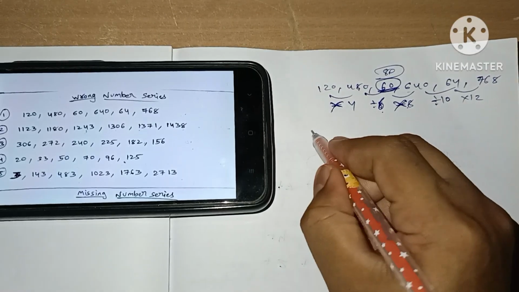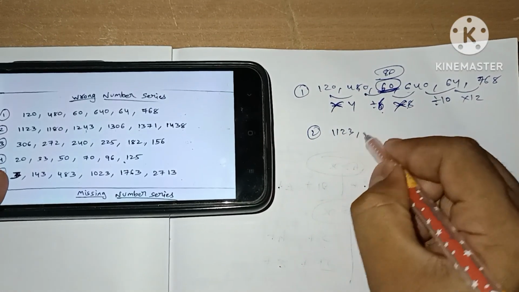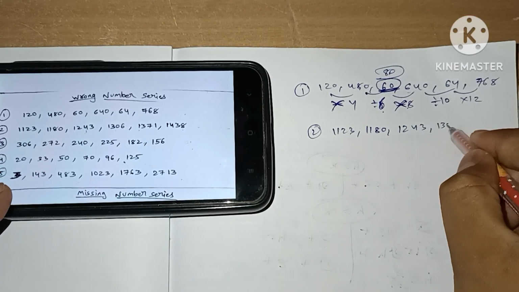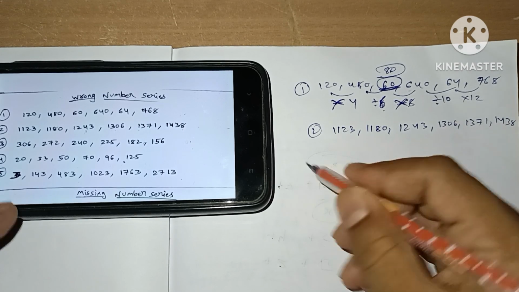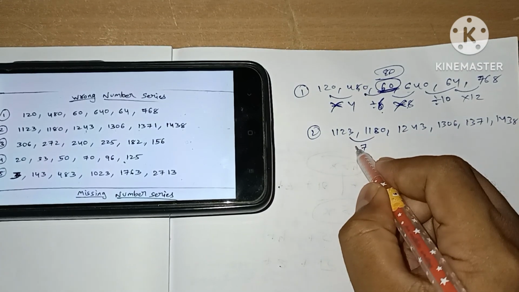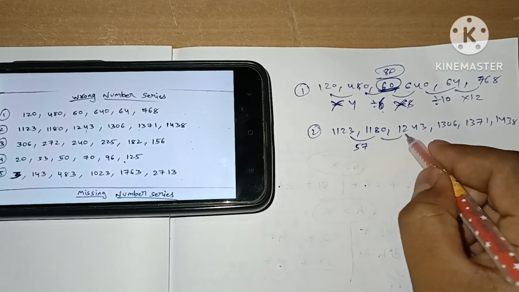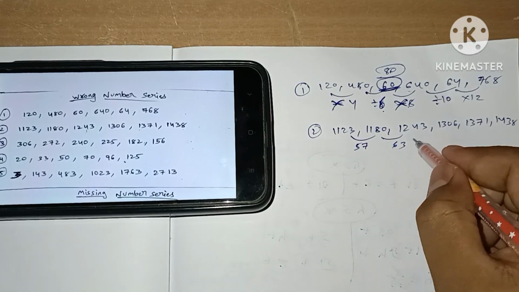Next, second question. Here 1123, 1180, 1243, 1306, 1371, 1438. Let's see the differences. Here the difference is 57. Here the difference is 63.